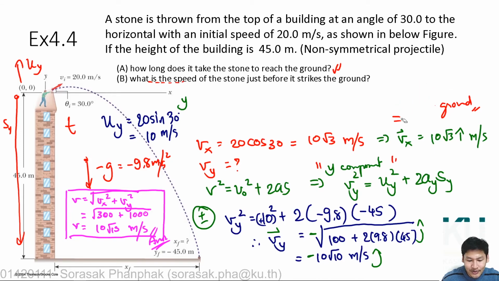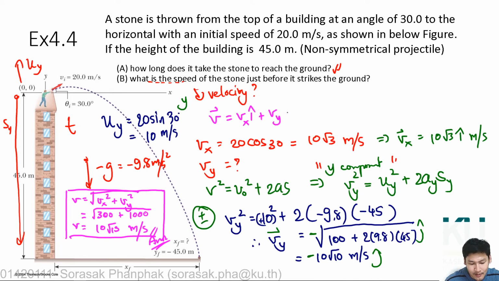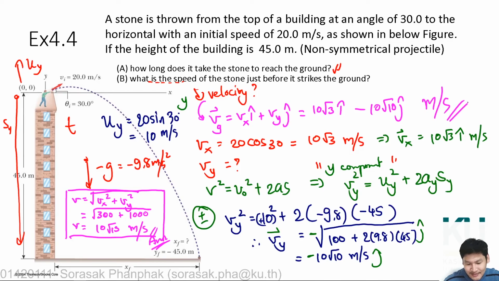If it's not asking you about the speed, but asking what is the velocity, how can you answer this question? The velocity is the combination of the vx component in the i direction and the vy component in the j direction. So your v, the velocity on the ground, is supposed to be answered as 10 root 3 i and minus 10 root 10 j in meters per second, right?